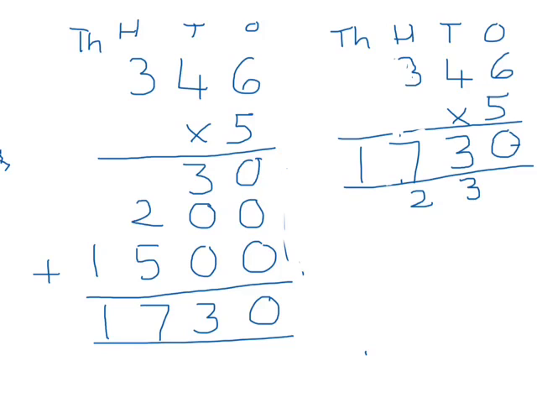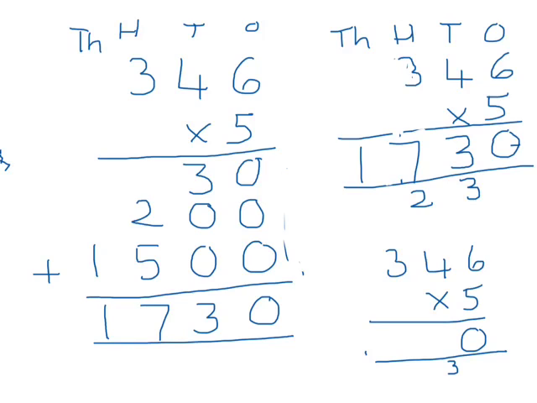Let me do this one last time, explaining it in a shorter fashion. Okay, so if I have 346 times 5, this is what I do. 5 times 6 is 30. 5 times 4 is 20, and 3 is 23.